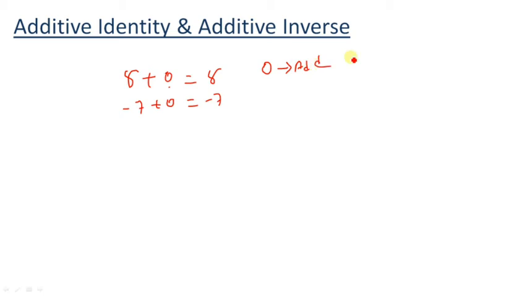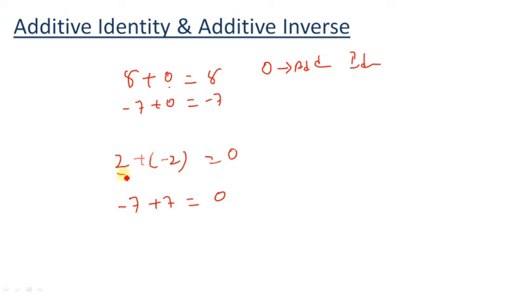Now what is additive inverse? If I write 2 plus minus 2, what will be the result? It will be 0. I think I have told you about the additive identity and inverse in the previous video also, but let us go. Suppose I write minus 7 plus 7, the result will be 0. It means the number which when added to another number gives 0 is its additive inverse.